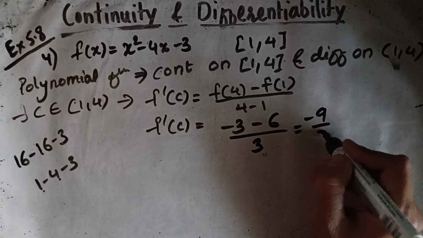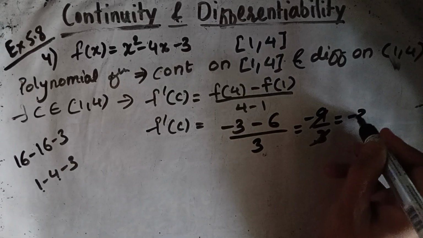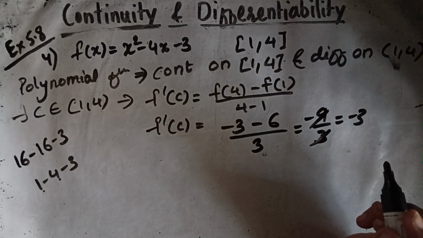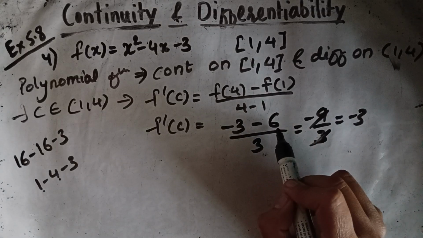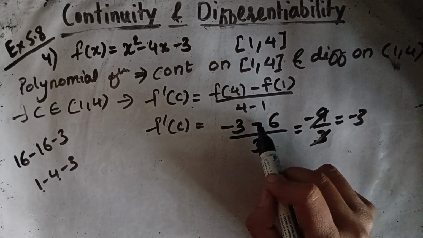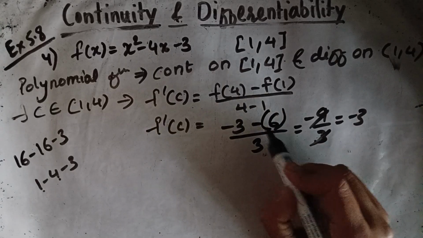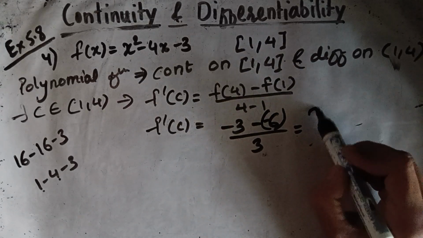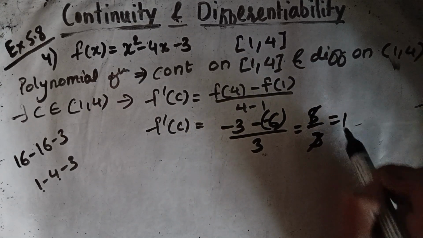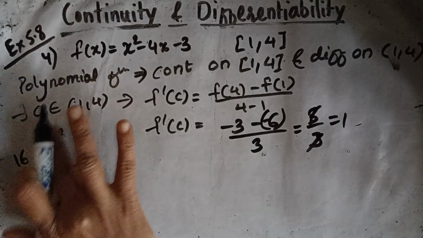So this is minus 9 upon 3. So this is minus 3. Minus of minus 6. Okay. So plus 6, so 3. f'(c) is 1.